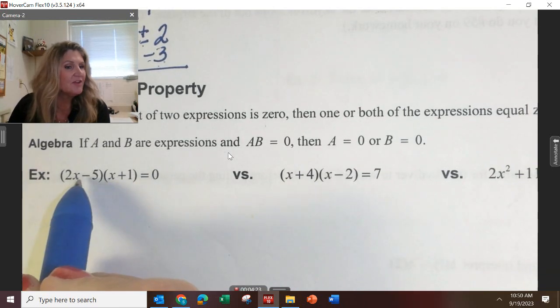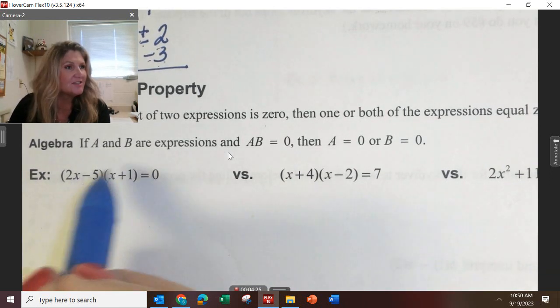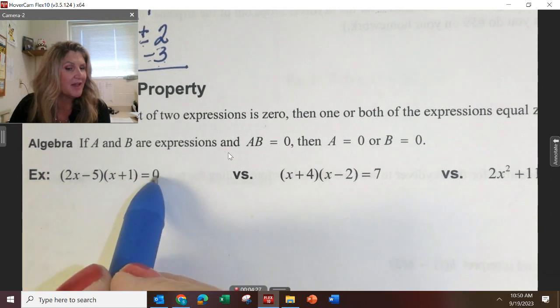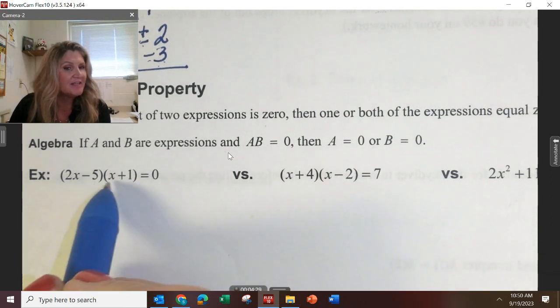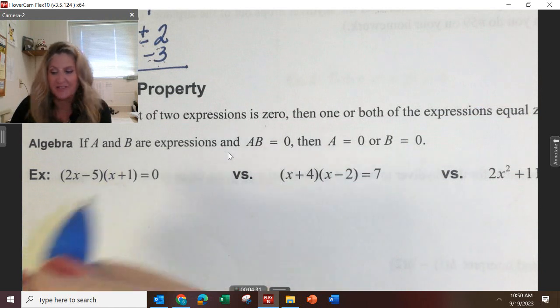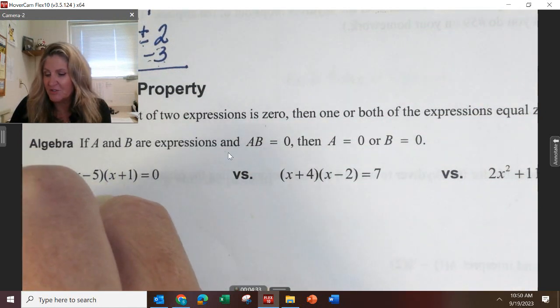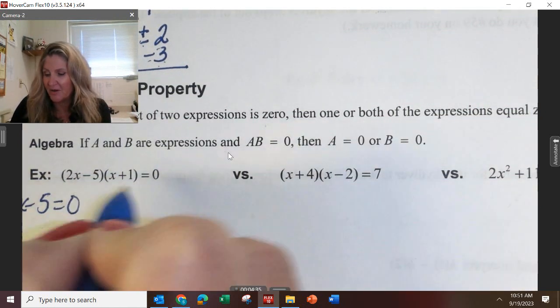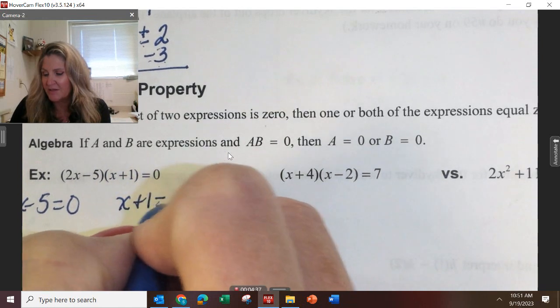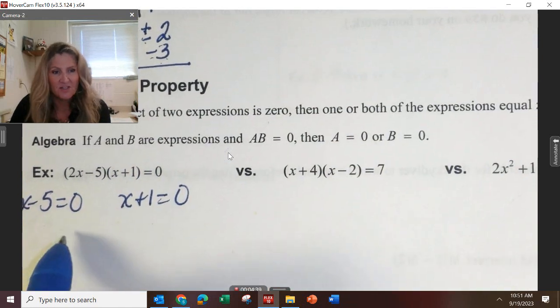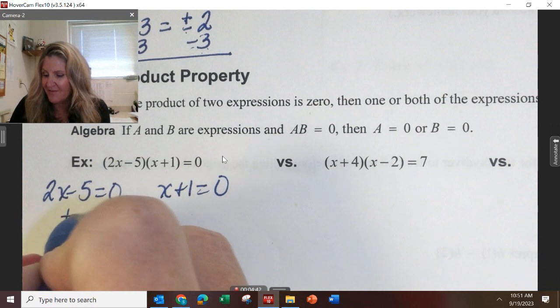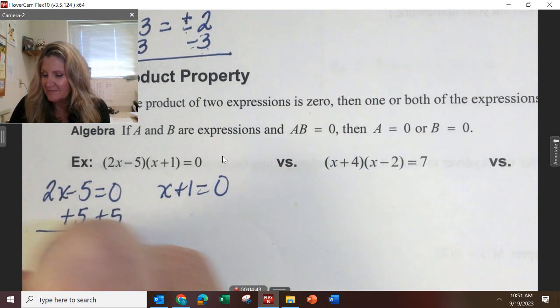All right. So looking at this one, we have this factor and this factor have to multiply to be 0. So that means that one of these two must be 0. So I'm going to have to do 2x minus 5 could be 0, or x plus 1 could be 0. Solving this one, I'm going to add 5 to both sides.